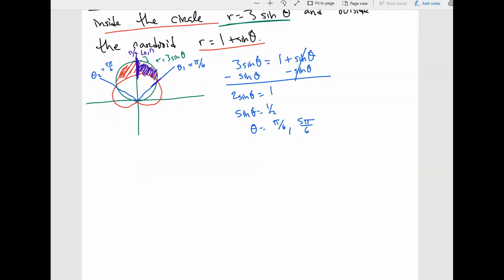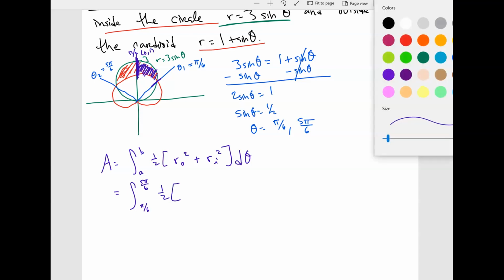So let's first start out by finding our area. So our area is going to be equal to the integral from a to b of 1/2 r outer squared minus r inner squared, d theta. So first, let's start off by putting it from regular pi over 6 to 5 pi over 6 with the original region, 1/2. Then we have our outer.